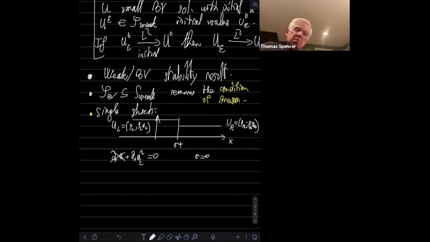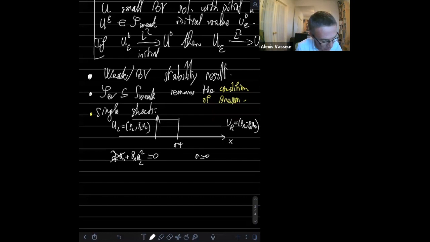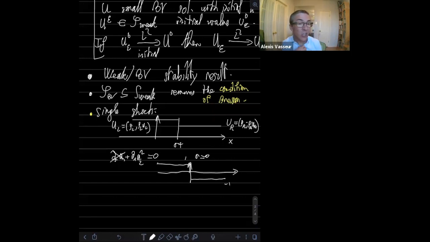So it means that u squared cannot change. You have a solution for this, actually two, by putting 1 and minus 1. And that's a shockwave. So you see, this is the equation which gives the condition for it.